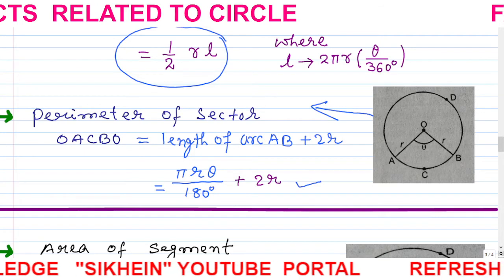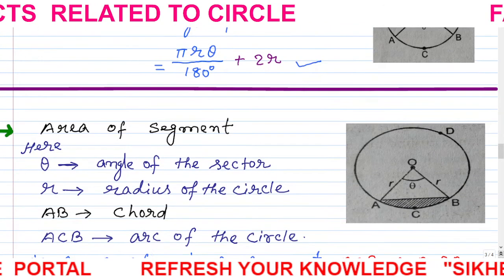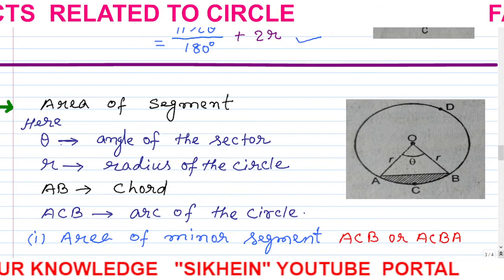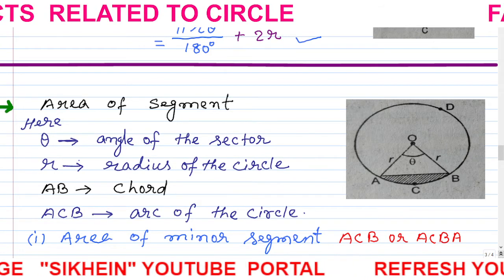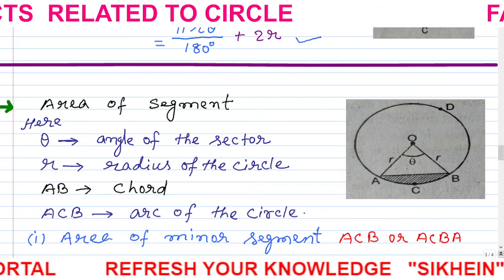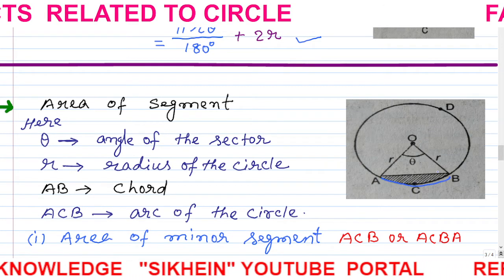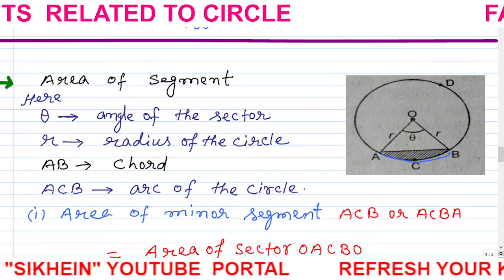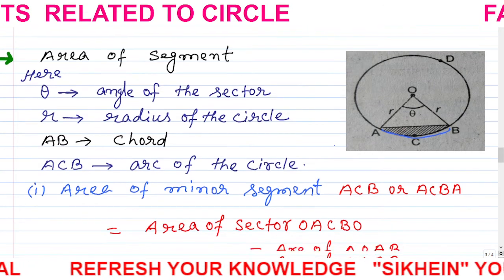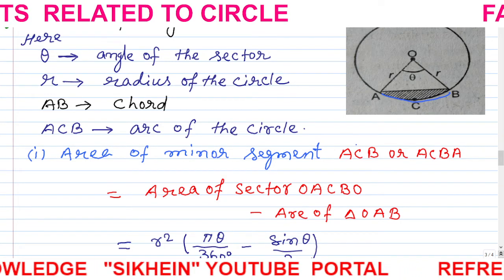Now, the next one is the segment, or chord, you can say. For the area of the segment, theta is the angle of the sector, r is the radius of the circle, AB is the chord, and ACB is an arc of the circle, as shown here. The area of the minor segment ACBA is the area of sector OACBO minus the area of triangle OAB.